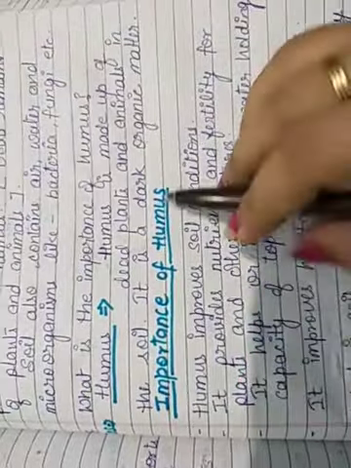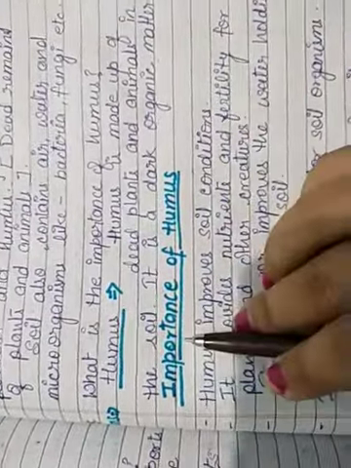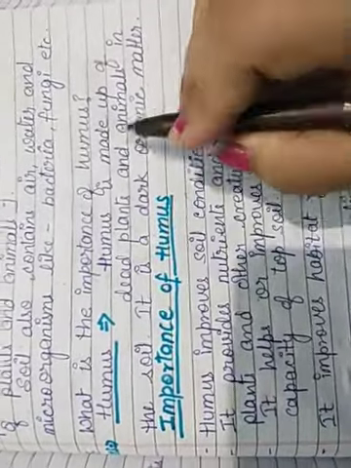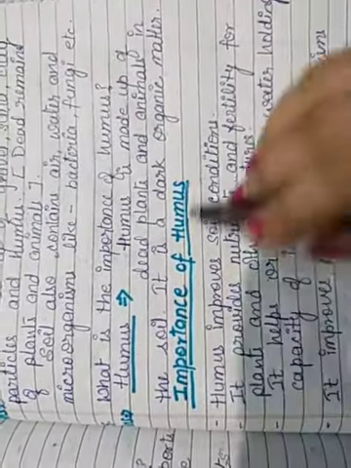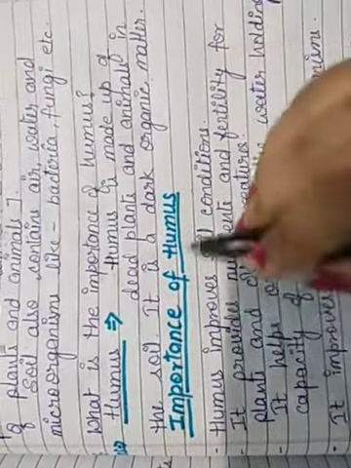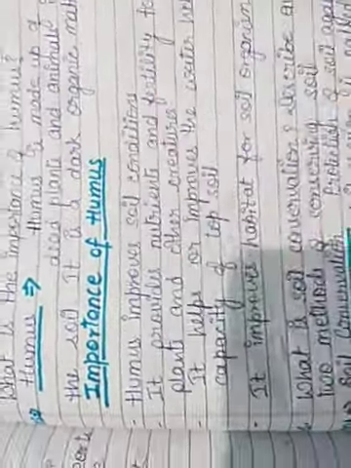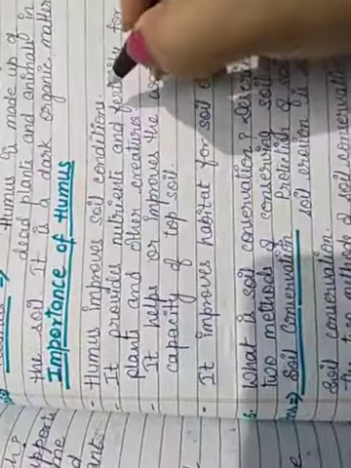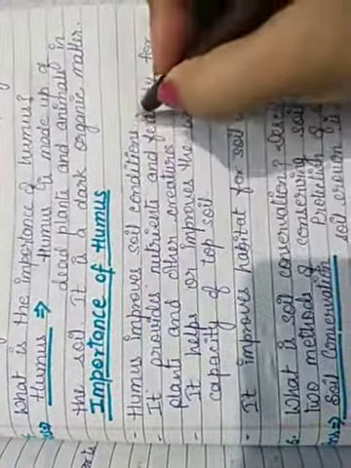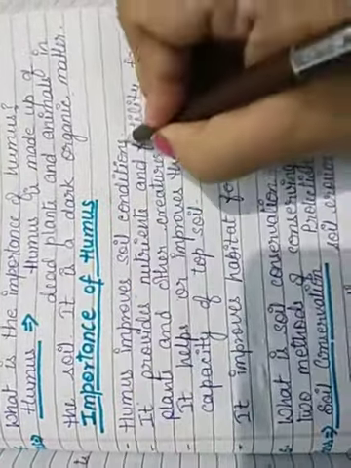Now the importance of humus. Why is humus important? First of all we discussed what humus is, and secondly we are writing the importance of humus. Why is humus important for the soil? So children, humus is important for the soil because humus improves soil condition.